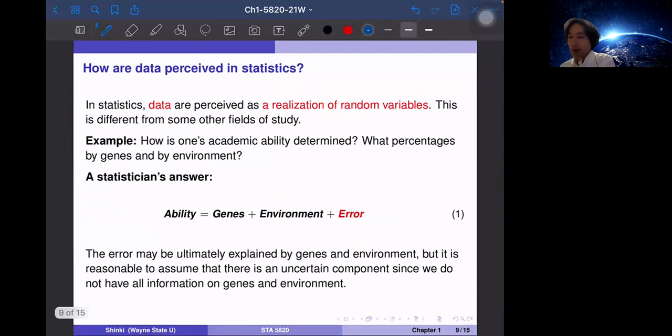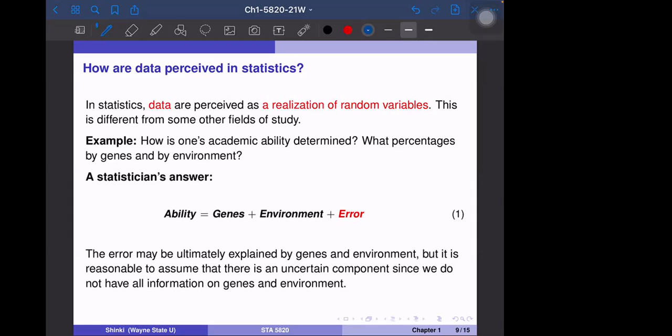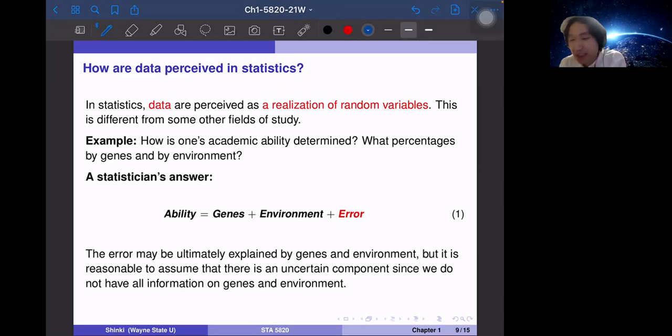And here are some notes on how data are perceived by statisticians. Are there any computer science major students here? No? I am. Okay, great. And any others? No? Okay, computer scientists are good at numbers, right? They are good at computing, and they can handle large data.